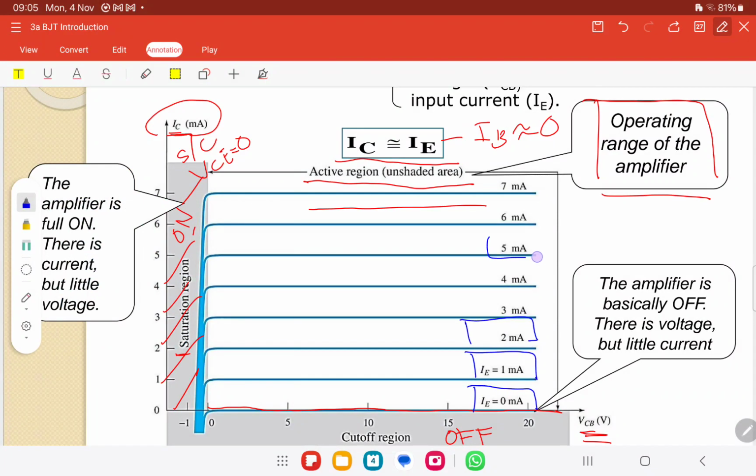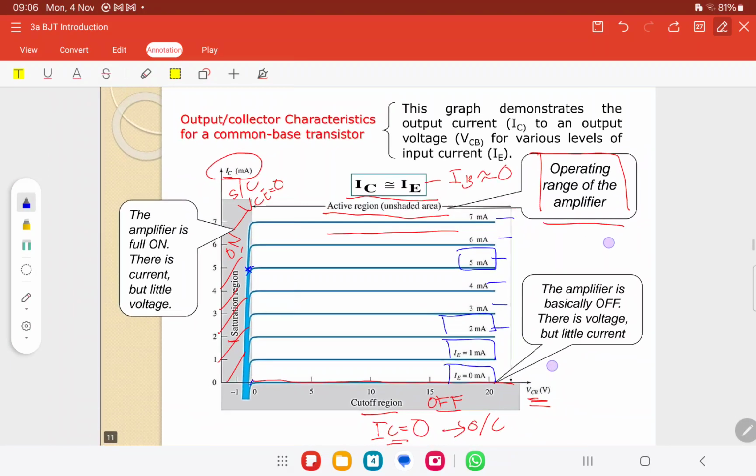Kalau IE dia 5, so this is point untuk IC, point untuk the VCE dia. Okay, so ni bila kita depends on the operations lah. Bila kita contohnya kita inject on the value of IE berapa-berapa, so dia akan effect on the IC and goes with the VCB. Okay.